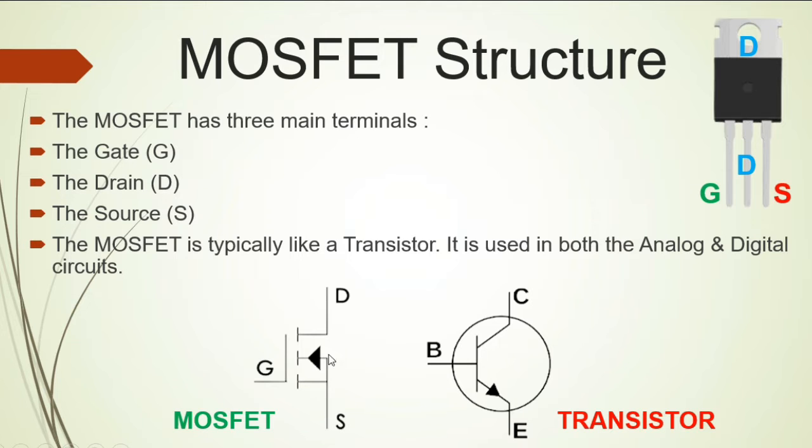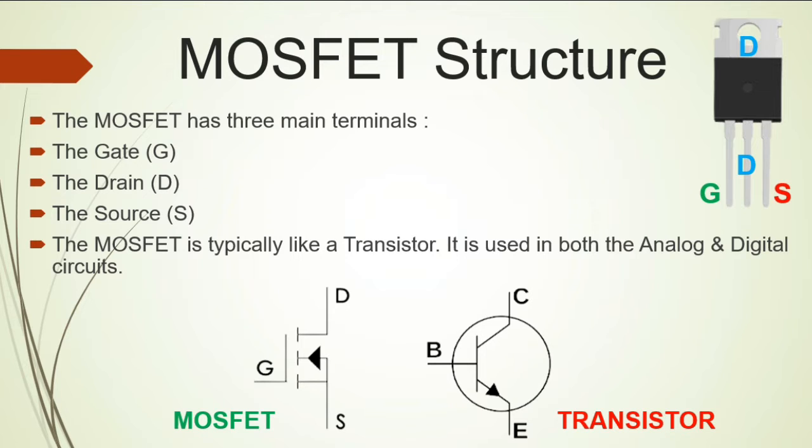The MOSFET has two types, PNP and NPN MOSFET. As you see here, we have a small arrow that determines for us whether the MOSFET is a PNP MOSFET or an NPN MOSFET.